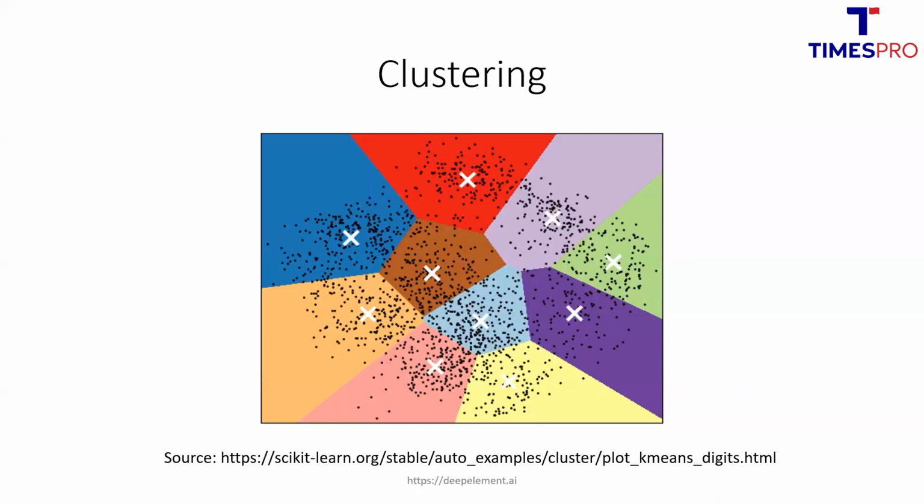Nevertheless, let's say we have used some algorithm, some k-means algorithm, to cluster our data, and finally our data is clustered, like we are seeing in this pictorial representation. We have 10 clusters, and every cluster has some points in it, and every cluster has a centroid point also.